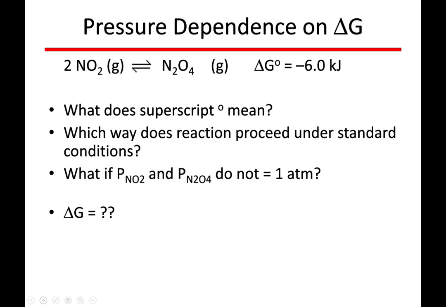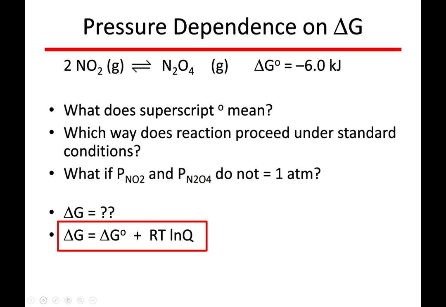Now we can relate the non-standard value of delta G to the standard value of delta G via this equation that connects the two states. Delta G at non-standard conditions is equal to the delta G at standard conditions plus RT times the natural log of capital Q. We've seen capital Q before, back in chapters 6 and 7 and 8, and I'll remind you the capital Q refers to the reaction quotient.